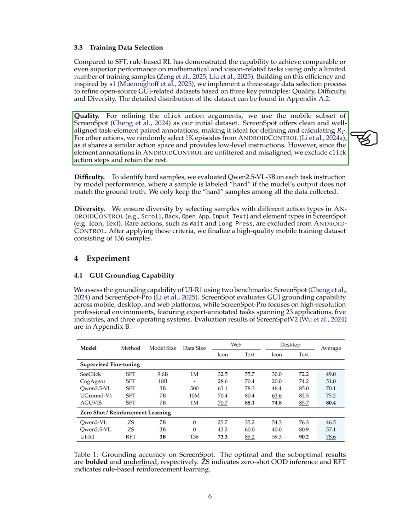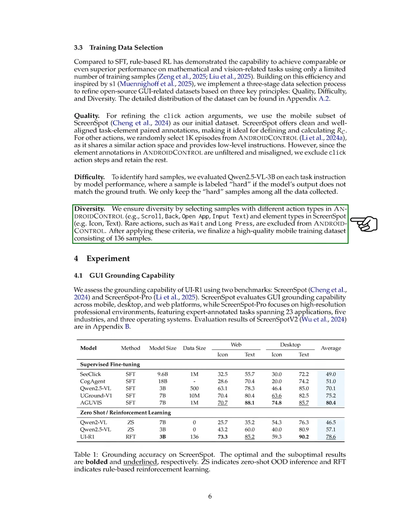We also randomly select 1,000 episodes from ANDROIDCONTROL for other actions, but we exclude click actions due to misaligned annotations. For difficulty, we label samples as hard if the model's output does not match the correct answer. We keep only these hard samples in our dataset.